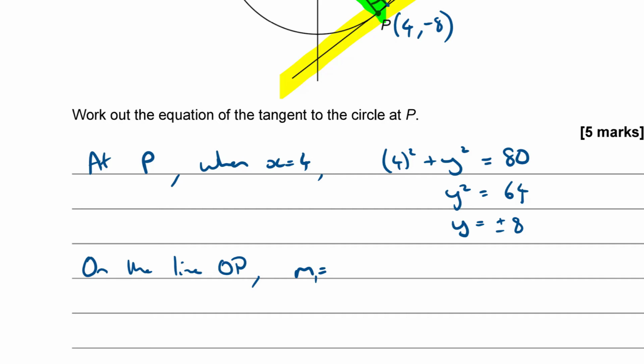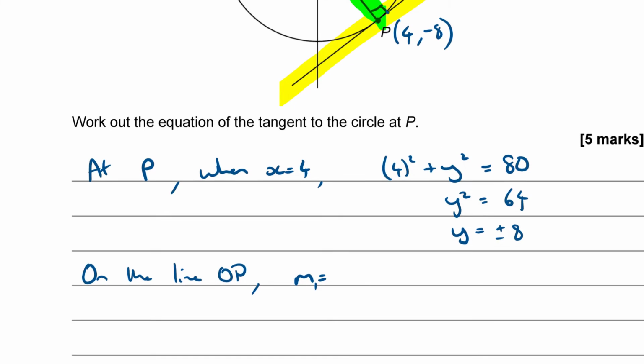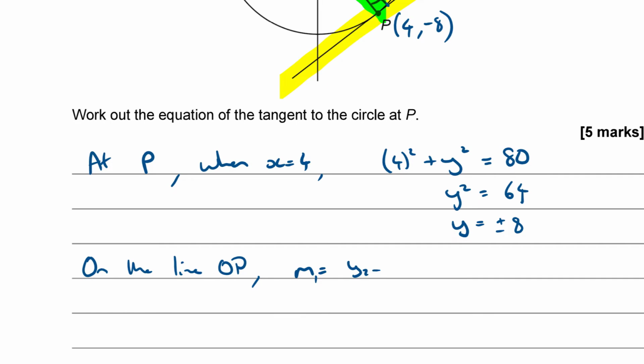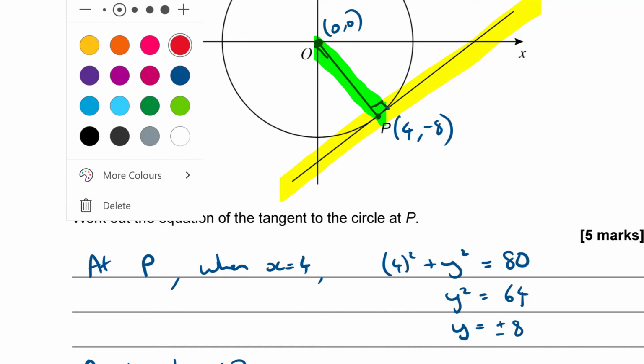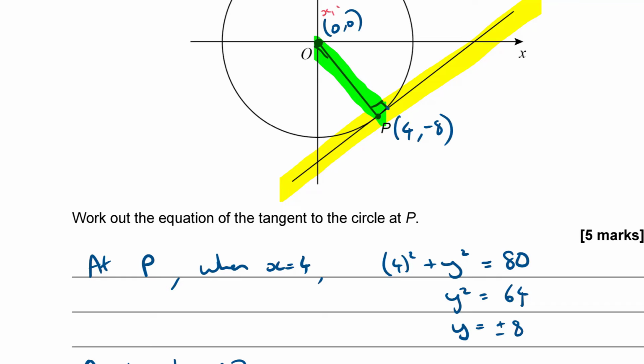Our gradient m1 is going to be, do you know the formula for it? It's y2 minus y1 over x2 minus x1, where x1, y1 is your first coordinate and x2, y2 is your second coordinate. So my first coordinate, x1, y1, is going to be this one up here, and this is going to be my x2, y2.